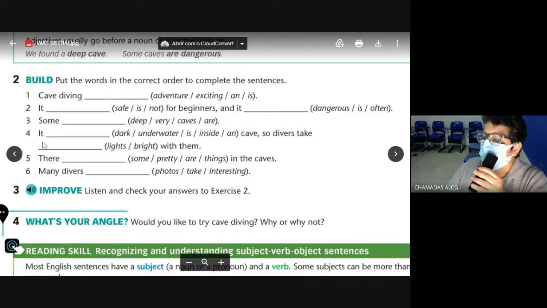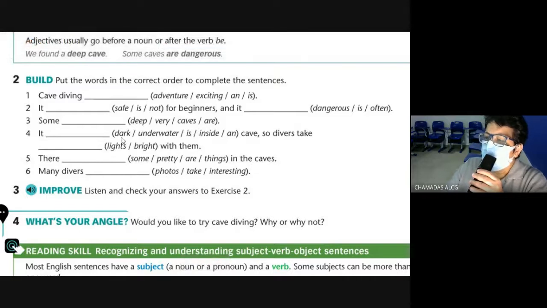Number four, it is dark inside an underwater cave.